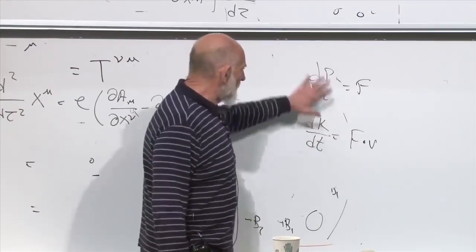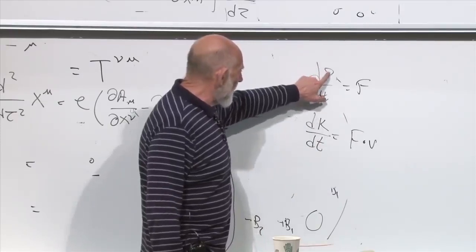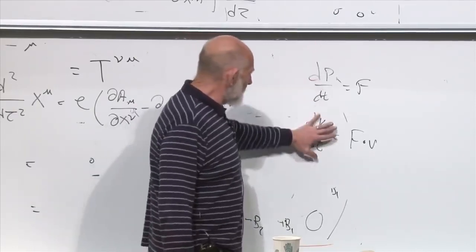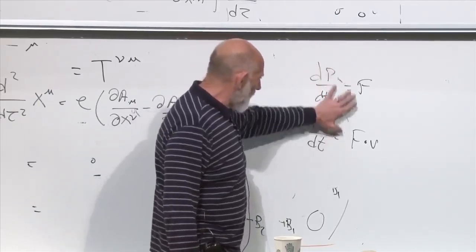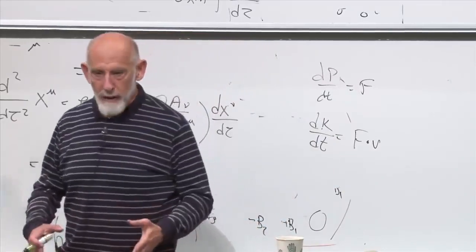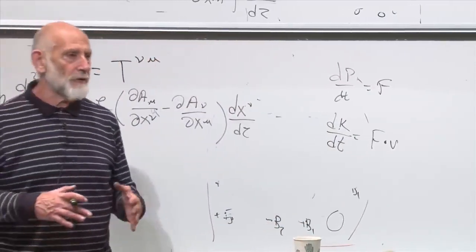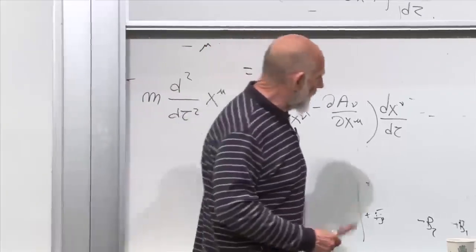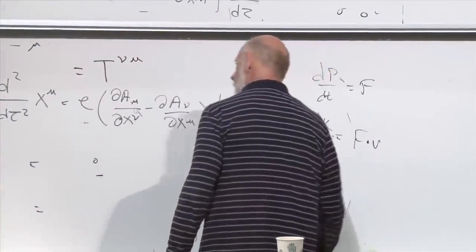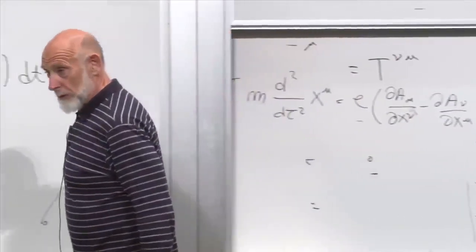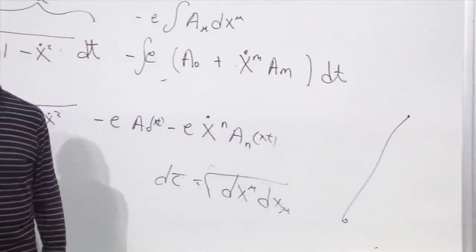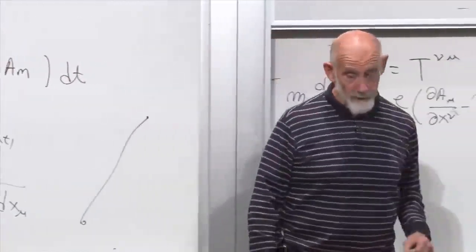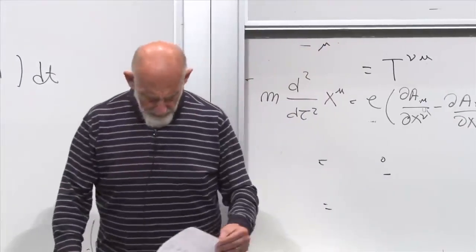And that's not too surprising, remember, that the momentum and the kinetic energy form a four-vector. So it's not surprising that the four-component equations are related, if not to energy and momentum conservation, at least to the way in which energy and momentum change in response to the existence of a force. So that's what the fourth equation is. It's the energy balance. It tells you how the kinetic energy changes when you do work on the system, and the work being done by the field. That's what this is about.